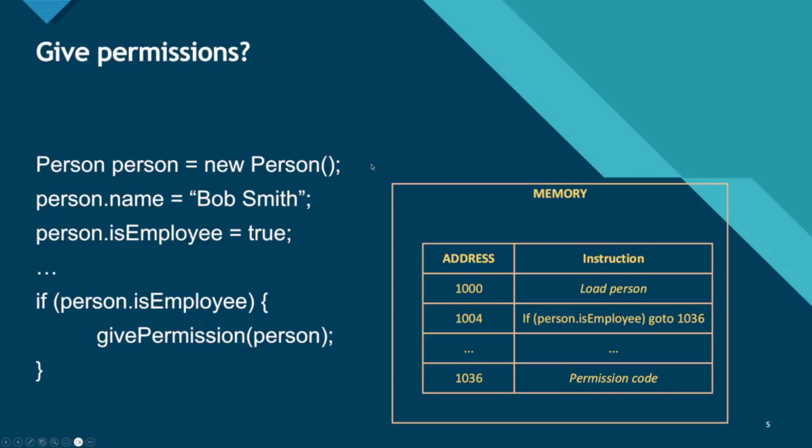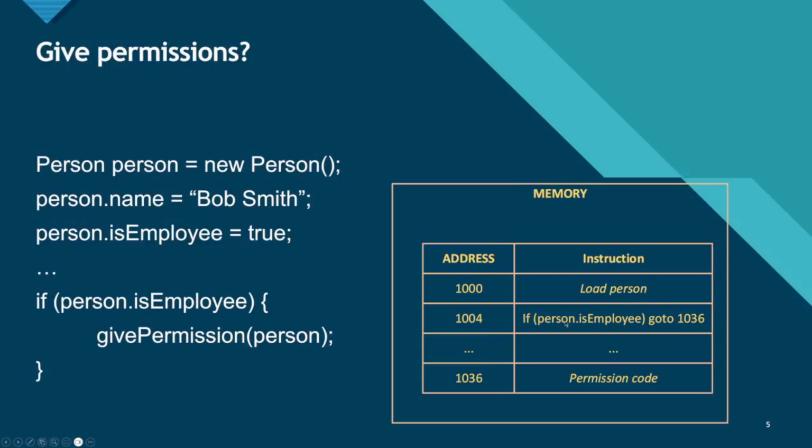Now we've talked about what memory looks like and how code maps to memory in the previous video. So in this case, what the compiler is going to do is take this code and basically do this. It's going to load the person, and it's going to evaluate each of these things. I just didn't write that here for brevity.